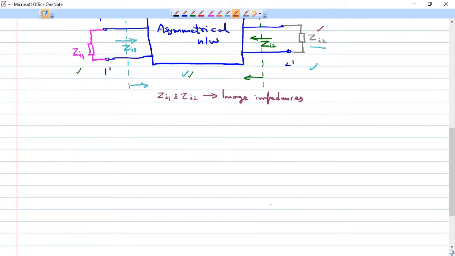Now there is one more equation which could be used to determine the values of Zi1 and Zi2.